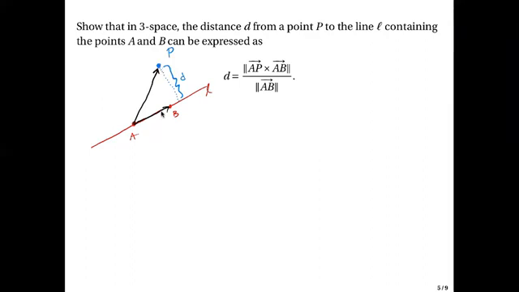So you have this point, the point nearest to point P. You look at this triangle here, and you have a right angle here, so you have a right triangle. And then you get the distance of this.